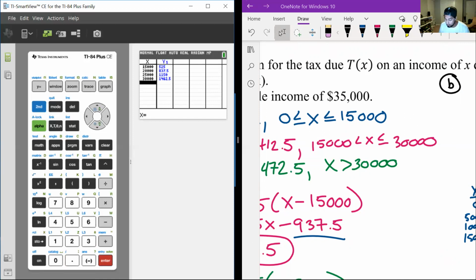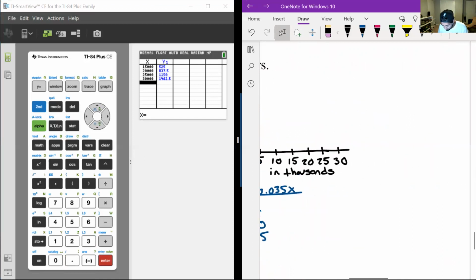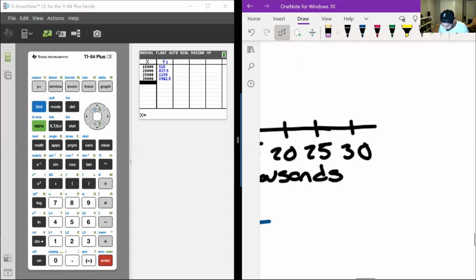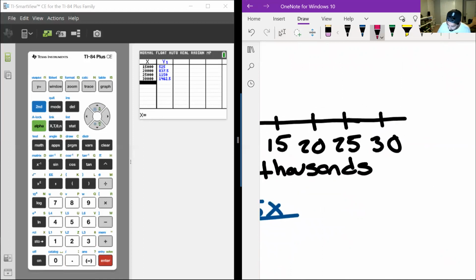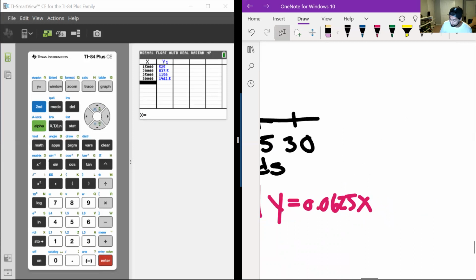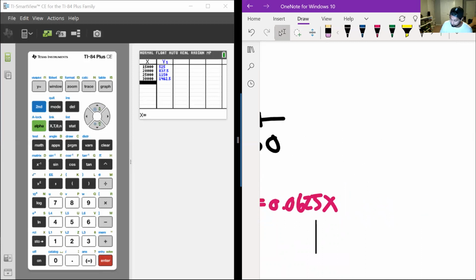Okay, and I'll write those down. So x and y equals 0.0625x minus 412.5.